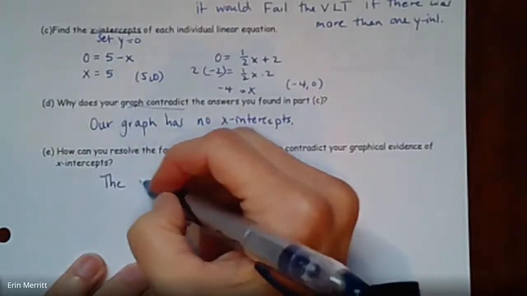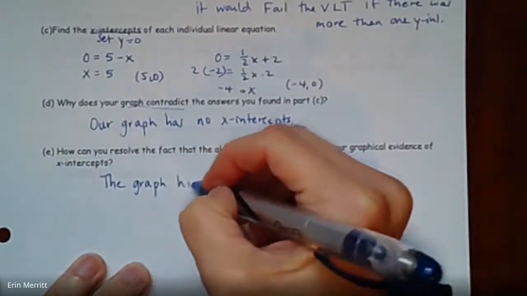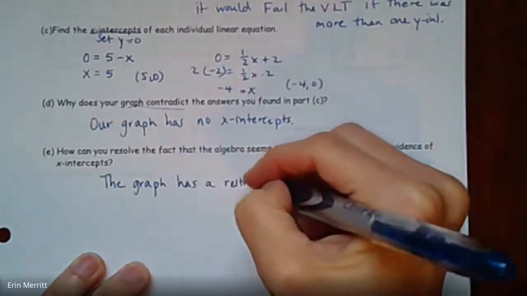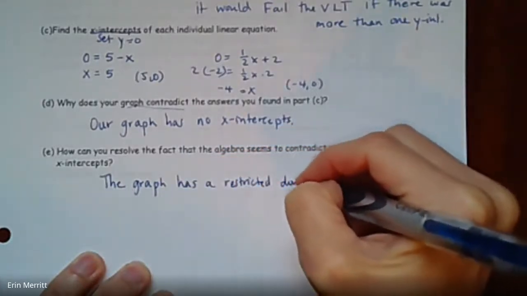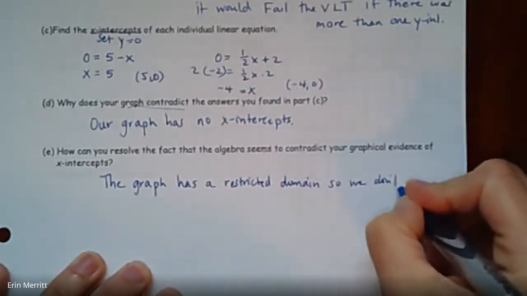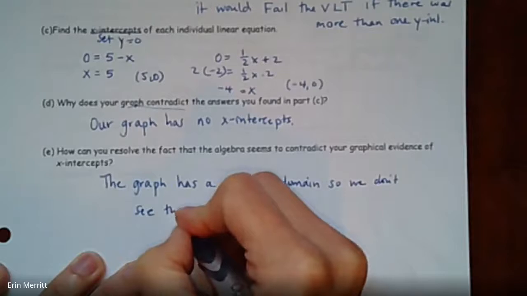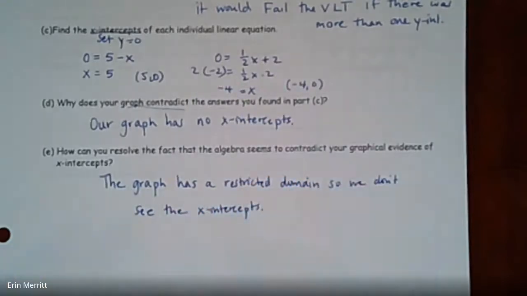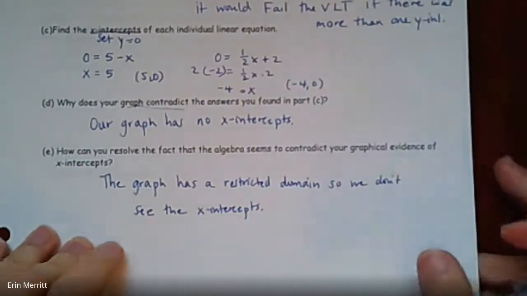So I'm going to say that the graph has a restricted domain, so we don't see the x-intercepts. And that's going to be true when it's literally called a piecewise function. You only see pieces of it. So it depends on which part of the line or the part of the graph that you see as to whether or not the x-intercept is there or not.